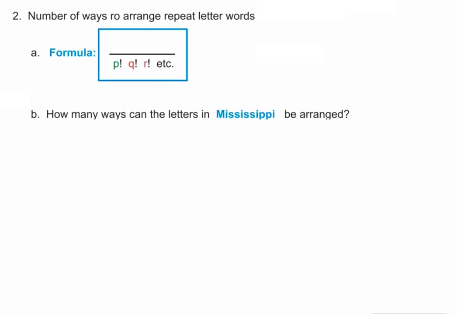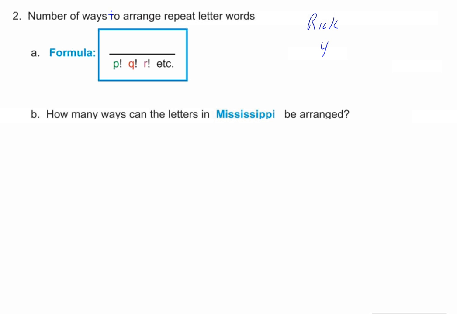How about questions like this? Number of ways to arrange repeat letter words. How many ways can you arrange repeat letter words? Well, it's pretty simplistic. If the word had no repeat letters, for example, how many ways can the letters in my first name, my first nickname, be rearranged?